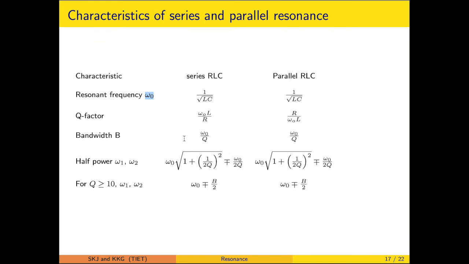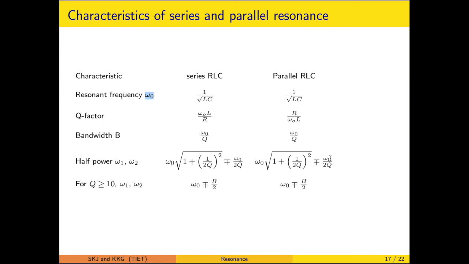However, the bandwidth is the same, the ratio of resonant frequency to the quality factor, for both series and parallel. Similarly, the half power frequency can be expressed by a similar relationship.